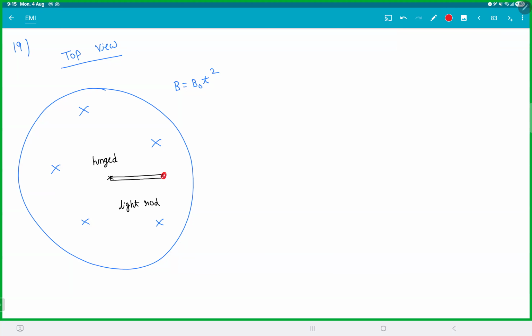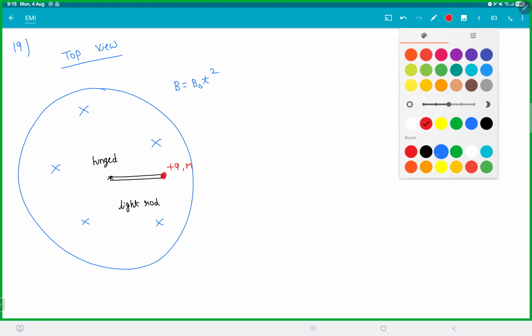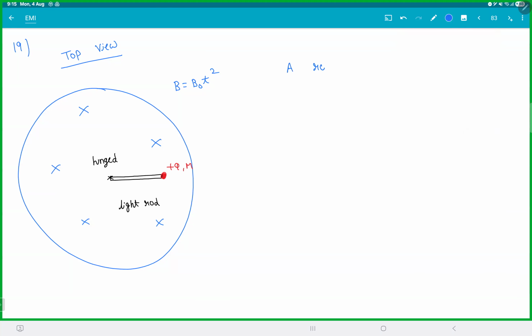At the end of the rod, you attach the charge plus Q. The rod of length L is hinged at one end. And the other end has a charge Q and mass M. System is released from rest.